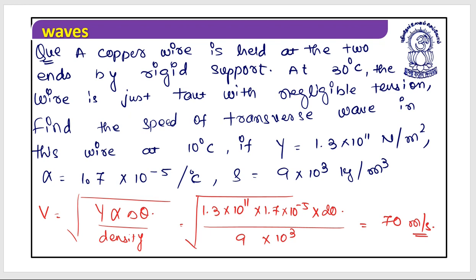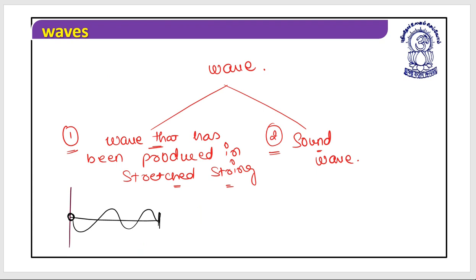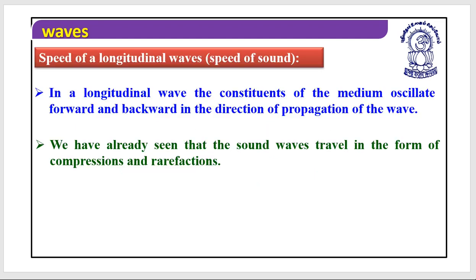So our first part, as we have discussed, deals with two parts. The wave produced in the stretched string is done, and now we are going to discuss the velocity of sound waves in different mediums. So let's have a look at how we will deal with it.